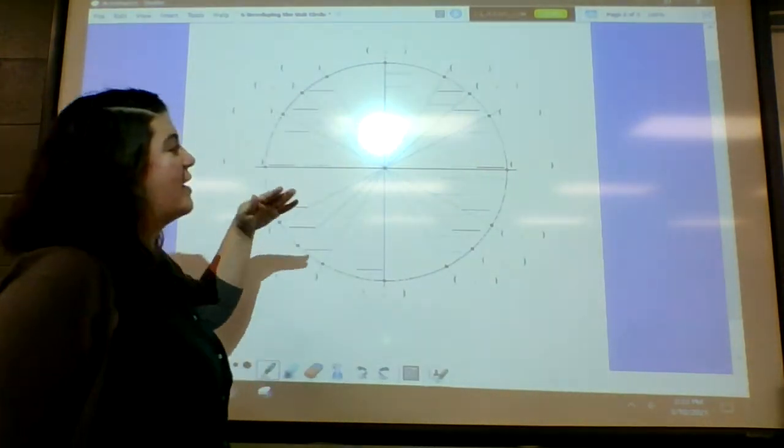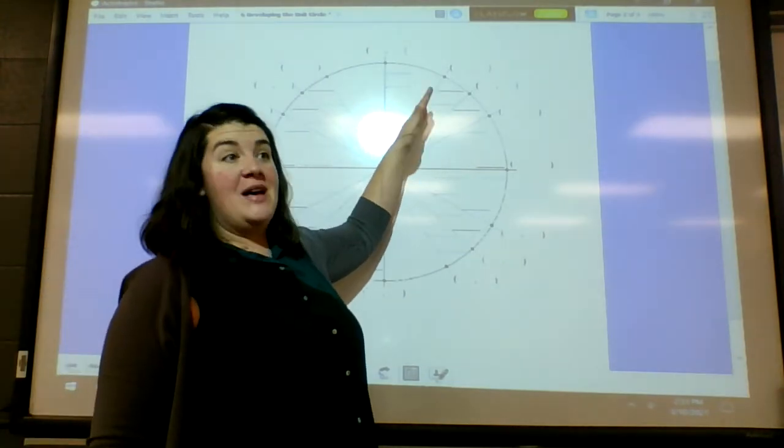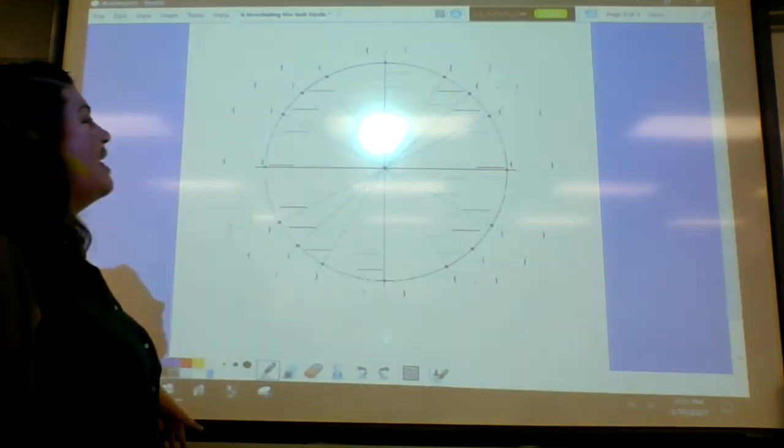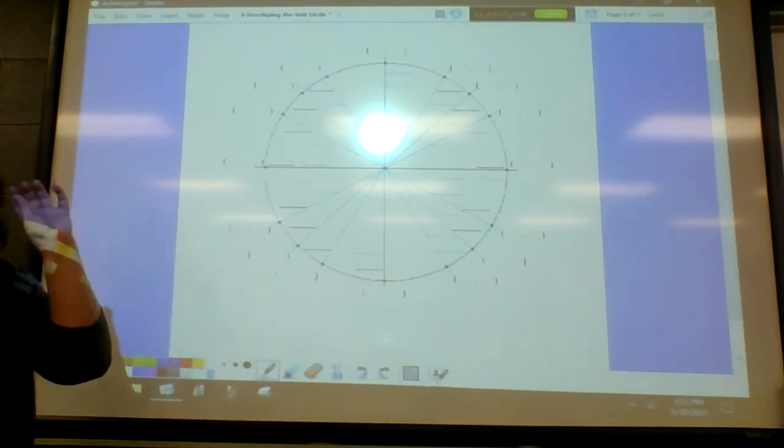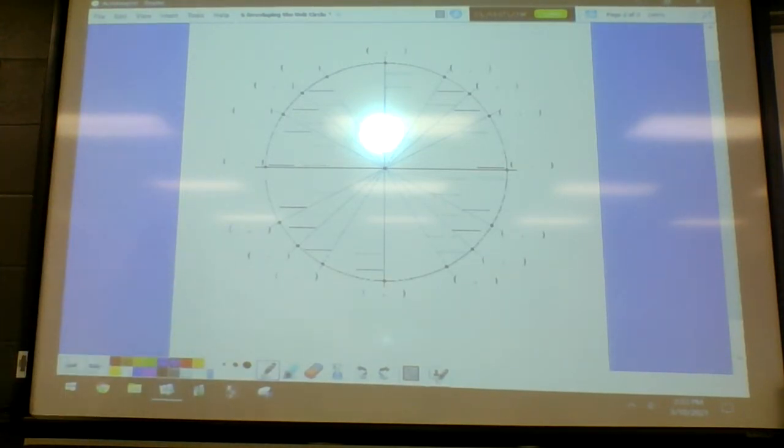Now, each of these locations represents an angle measure, okay? And the coordinate points represent sines and cosines of those angle measures. So instead of me saying find the sine of 45 degrees and you having to use trig in the calculator every single time, we are going to have values that these directly correlate to, okay?